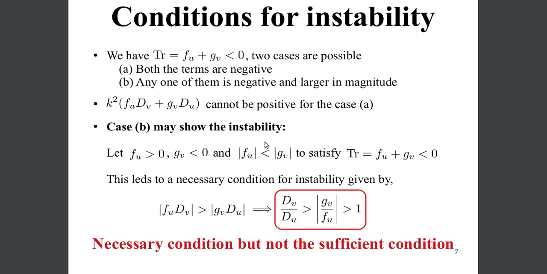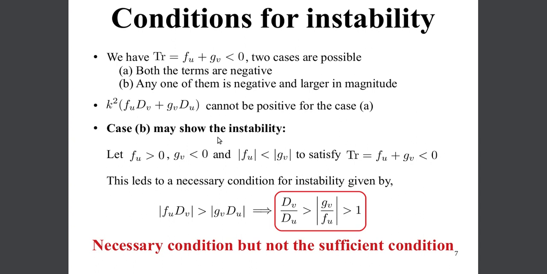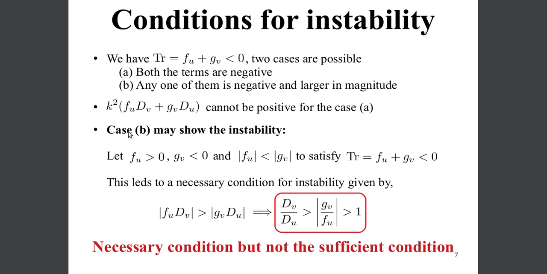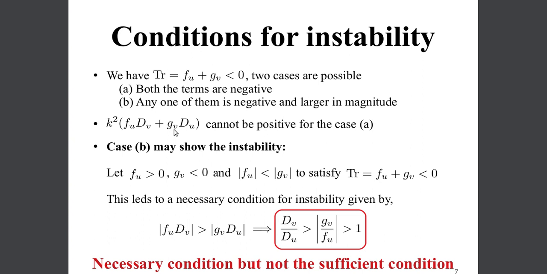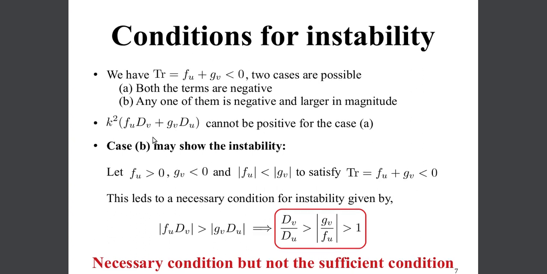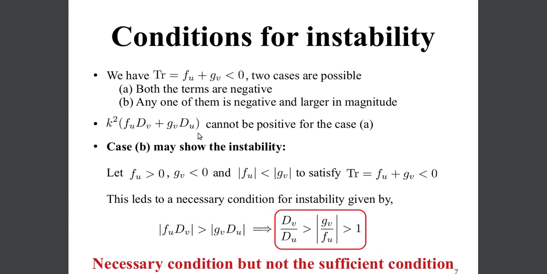And the magnitude of fu is lesser than the magnitude of gv, because I have told that to satisfy this condition, this trace is negative, as fu is positive and gv is negative, so gv must be larger in magnitude, then it will be lesser than 0. So this leads to a necessary condition for instability, which is given by this. As gv is negative, that means this part must be greater than the second term.